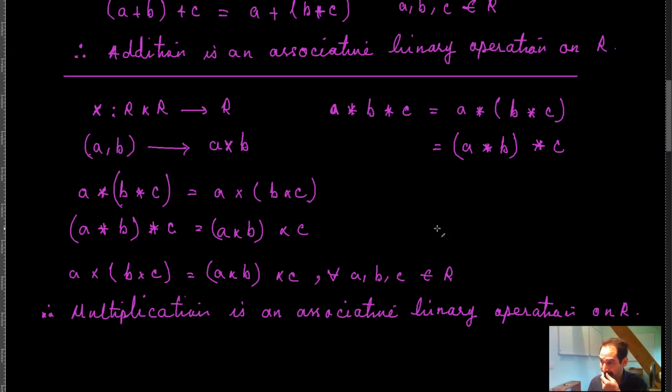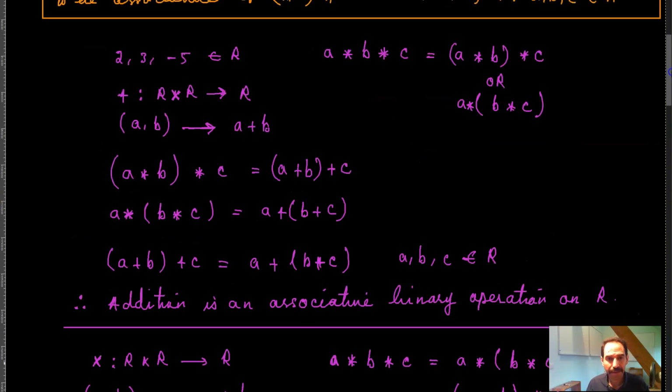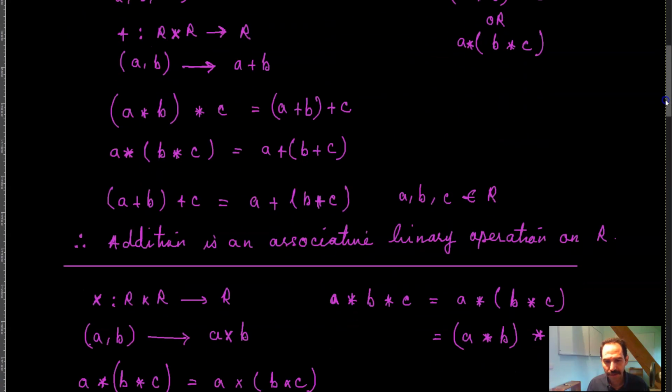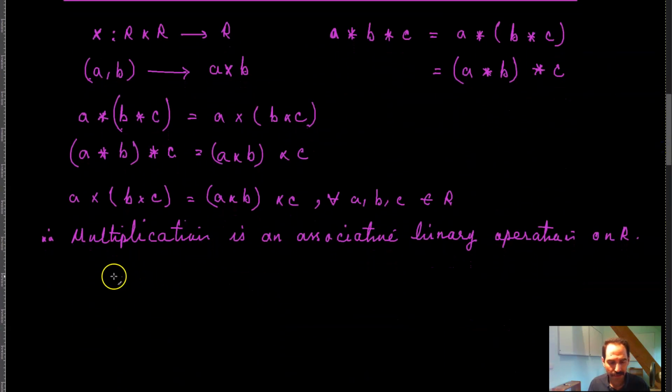And now here we also need to show that subtraction is not associative on R. Meaning that, suppose that for example you write, of course subtraction is not associative because, for example, when you write A minus B minus C, it is not necessarily the same thing as A minus B minus C. It could be probably the same thing.